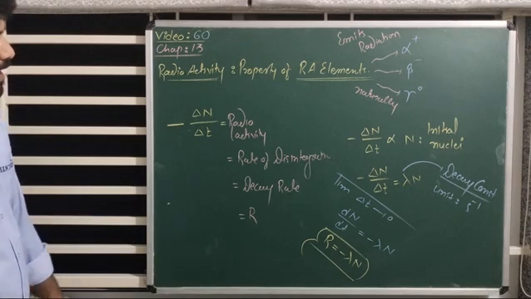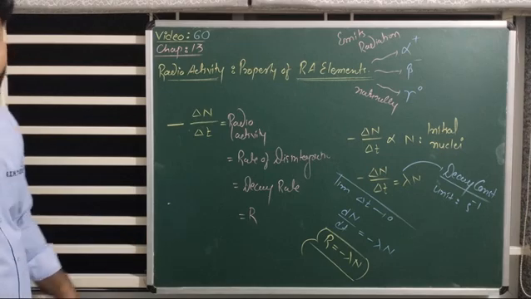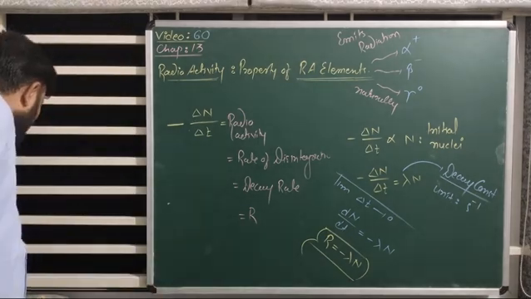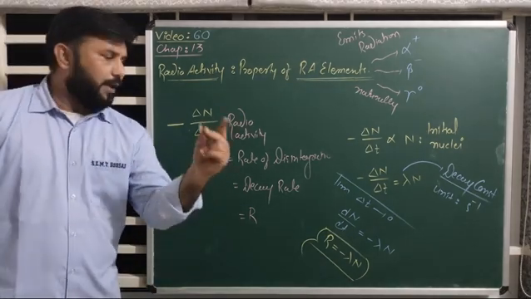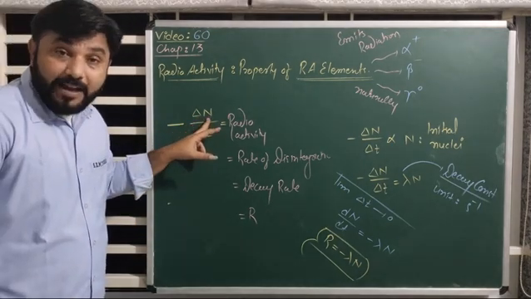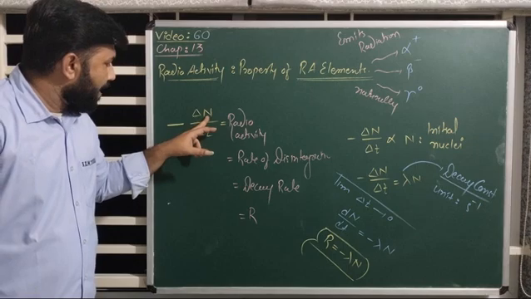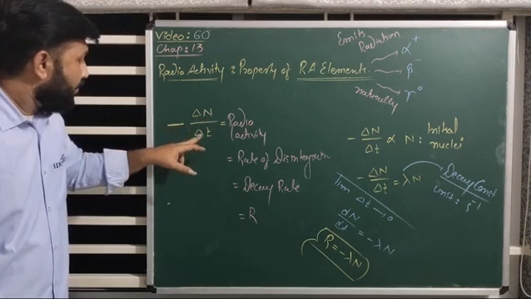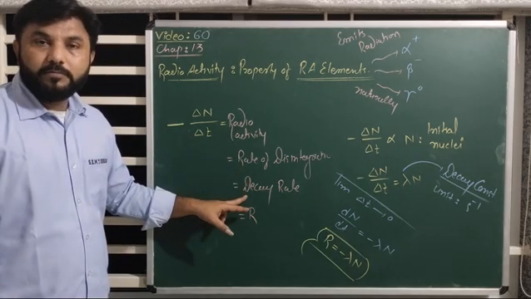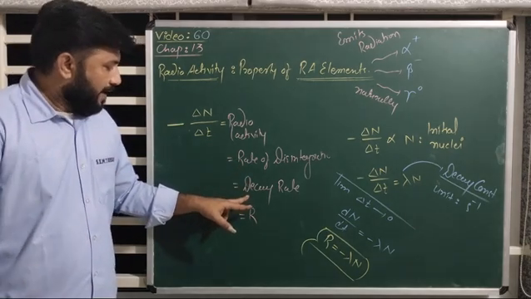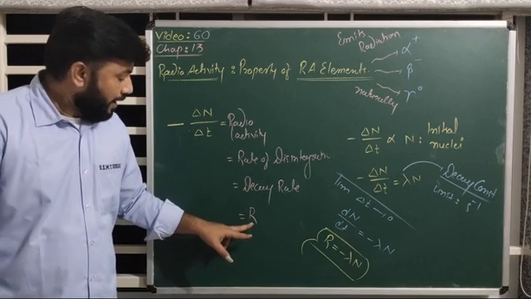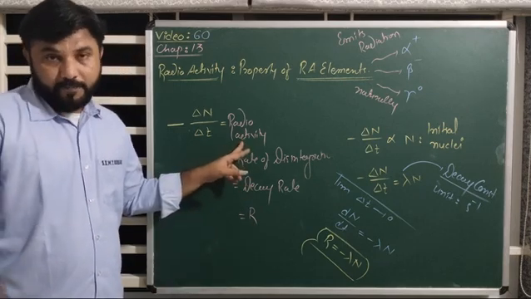See, it is a very nice thing. Ready? Once again, quickly. The decrease in the number of nuclei disintegrating with respect to time is known by these names: decay rate or rate of disintegration, having symbol R. R is nothing but radioactivity.